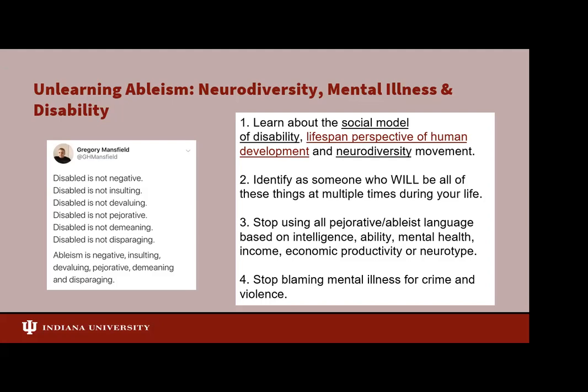then you learn that we're all going to be all of these things at multiple points in our lifetimes. So we will all benefit from a more neurodiverse society, a society built for all of us. So why don't we design our society to reflect this instead of shaming and stigmatizing people who are neurodivergent?